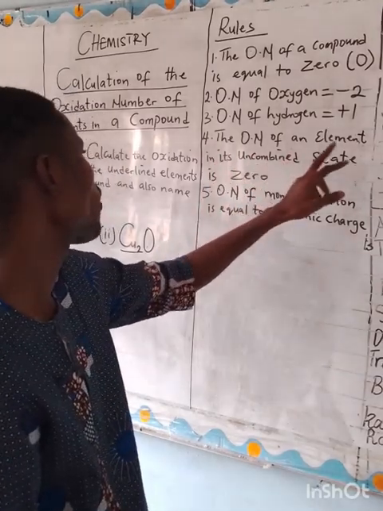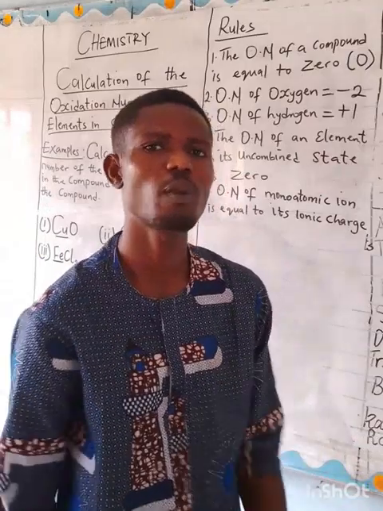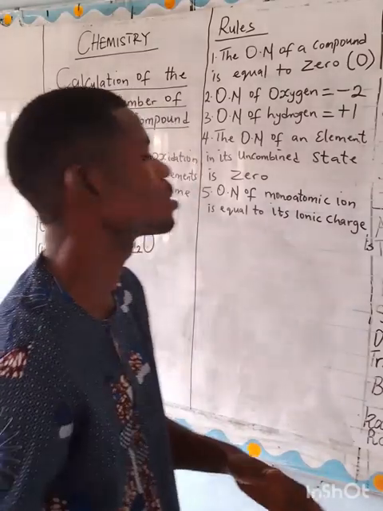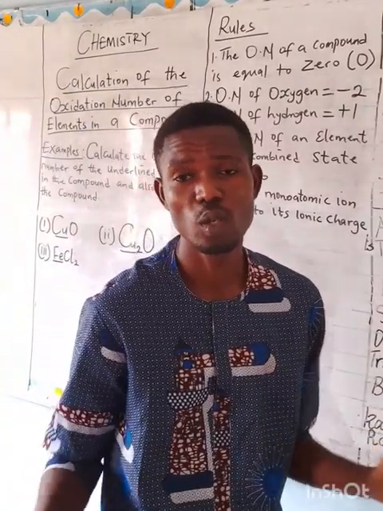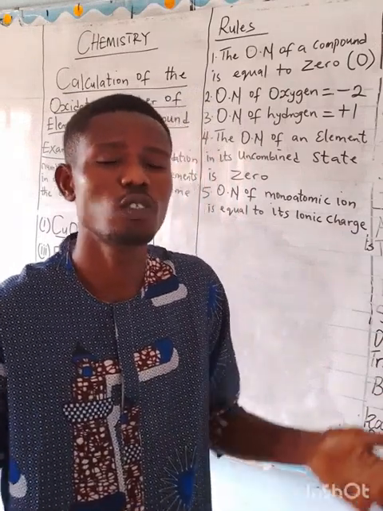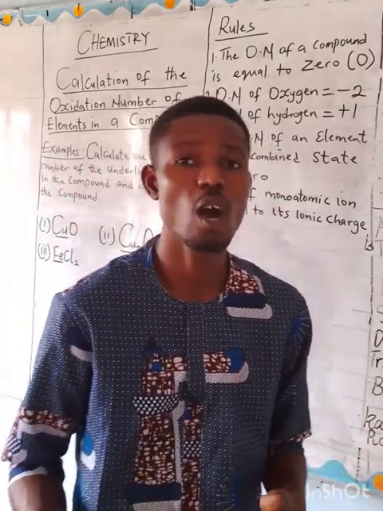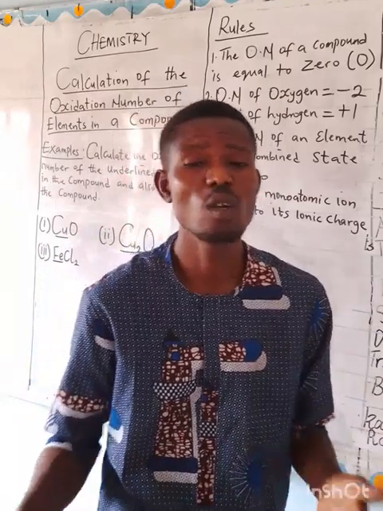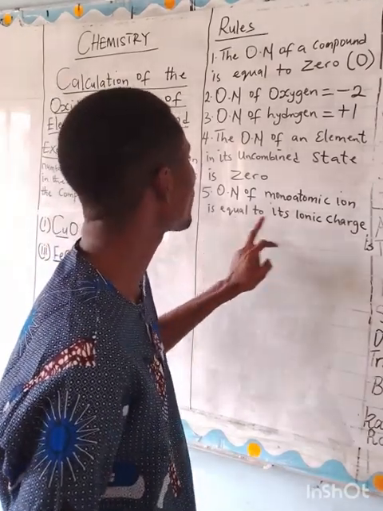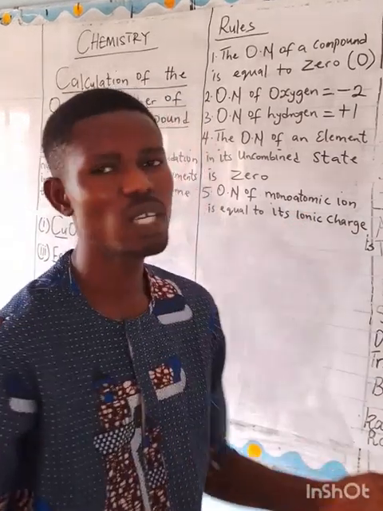The oxidation number of an element in its uncombined state, when it has not taken part in a chemical reaction, is always equal to 0. So a sodium atom has 0 oxidation state. Chlorine gas has 0 oxidation state. Then the last one: the oxidation number of a monoatomic ion is equal to its ionic charge.